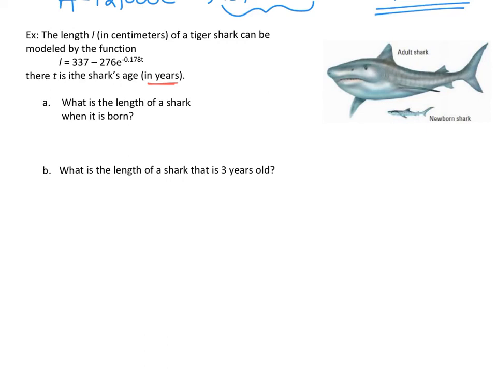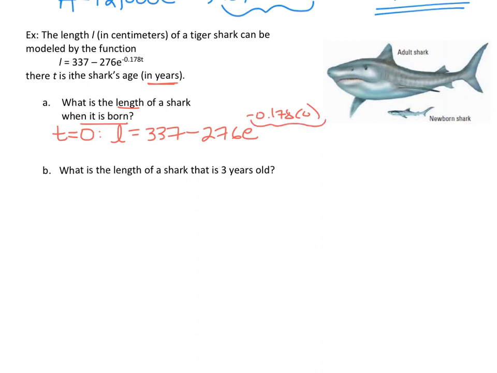Our first question, what is the length of the shark when it's born? So if we want to know what length is, we need to know what to plug in for time. When a shark is born, they're not 1, they're not half a year, they would be 0. It's like their initial length. So when the shark is born, time would equal 0. So if we substitute 0 into our equation, the length is modeled by 337 minus 276 times e to the negative 0.178 times 0.